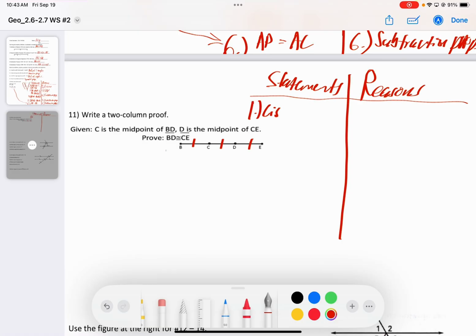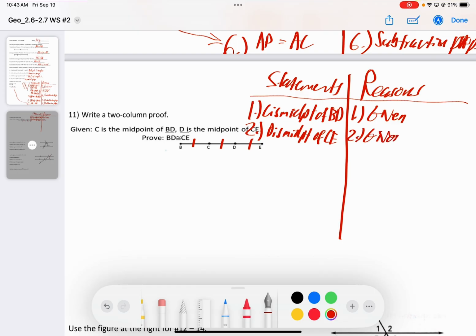C is the midpoint of BD, given. And my second given is D is the midpoint of CE. That's my second given. And then after that, I like what Ryan did.